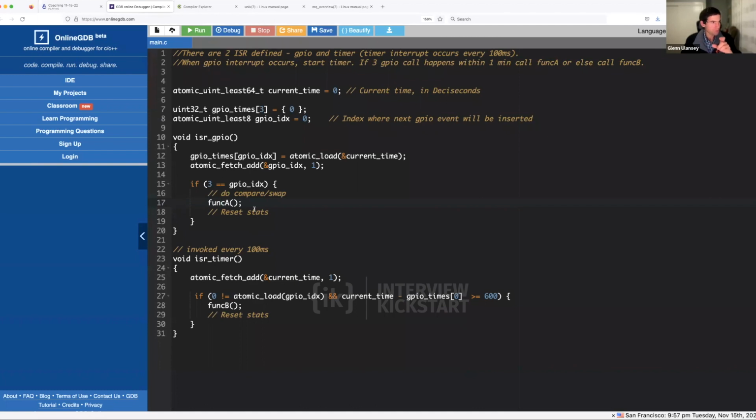So that would be at least two potential solutions. And I need to look at this for another minute to see whether or not we could reorder these atomic operations to make sure that only one of them would ever be invoked. But since we're almost out of time, I might not do that right now.